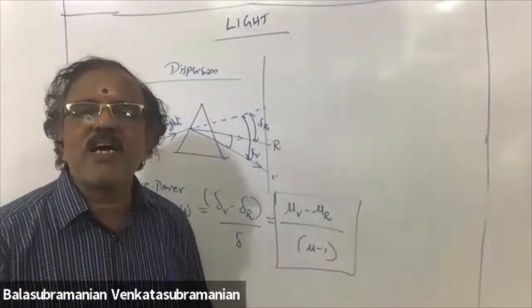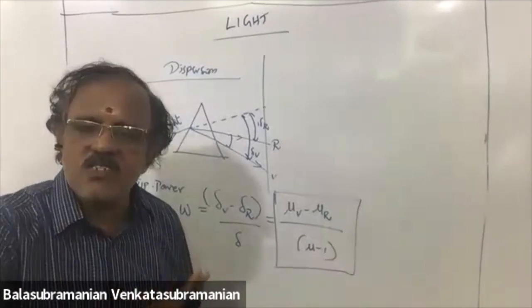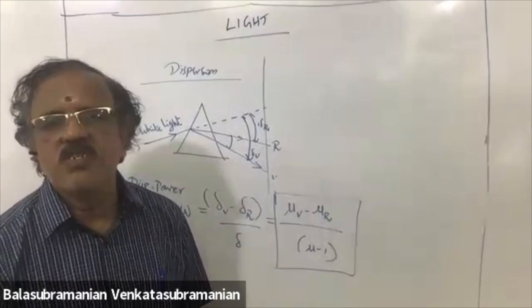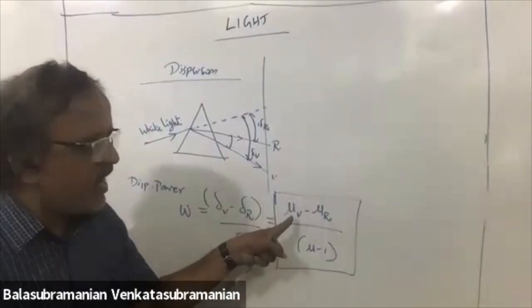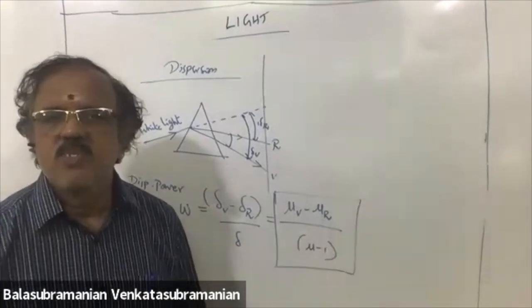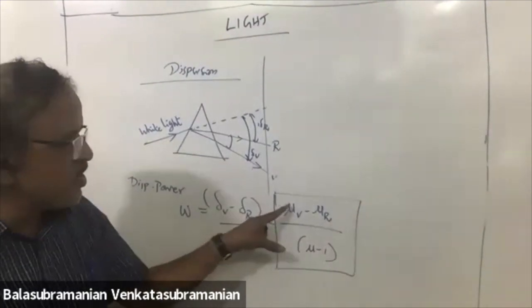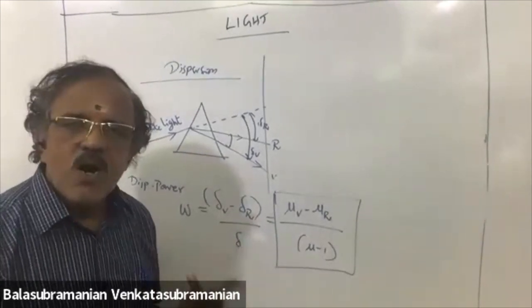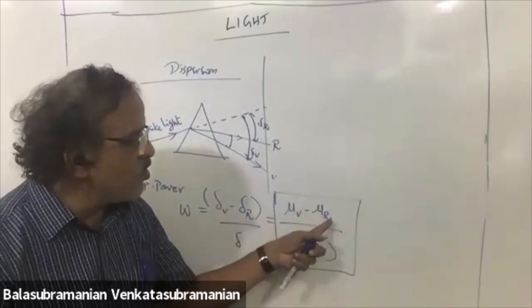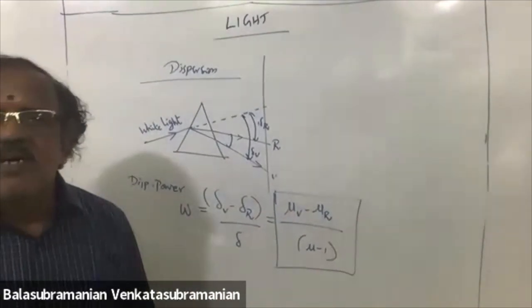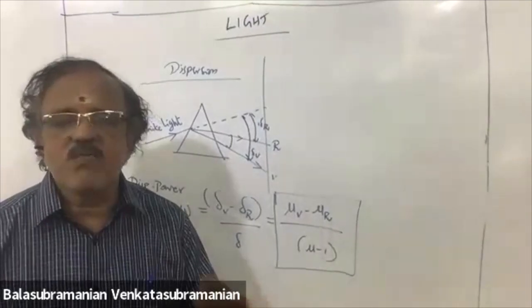For every color, the angle of refraction is not a constant. It varies, so the refractive index also changes. Clear, Amma? So this ratio, (delta V minus delta R) by delta, or (mu V minus mu R) by (mu minus 1), is called dispersive power.